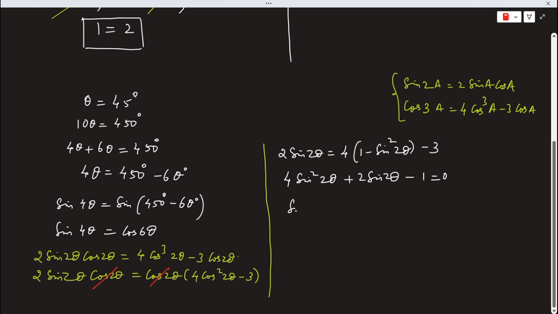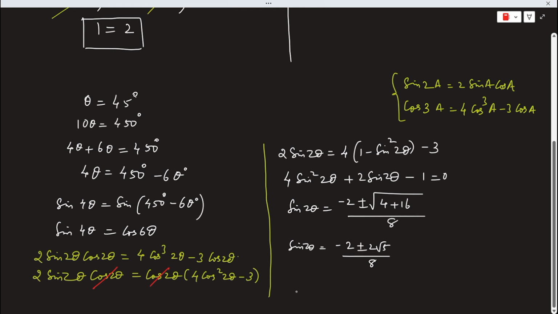Hence for sine 2 theta, we can use the quadratic formula, minus b plus or minus root of b square minus 4ac by 2a. So sine 2 theta is equal to minus 2 plus or minus 2 root 5 divided by 8. So 2 you can cancel.